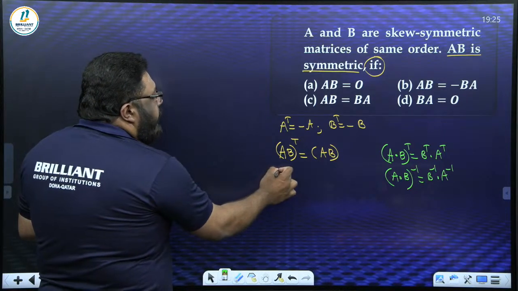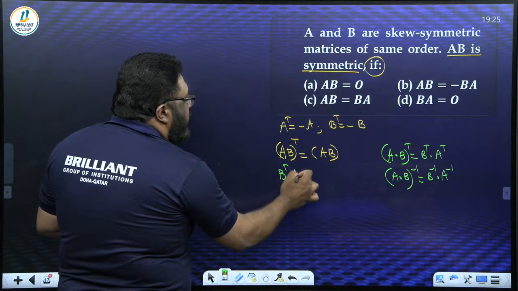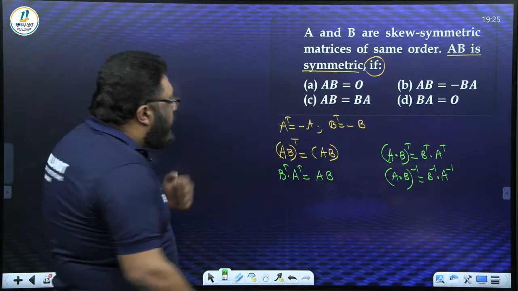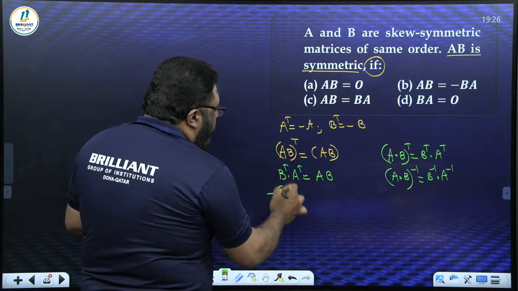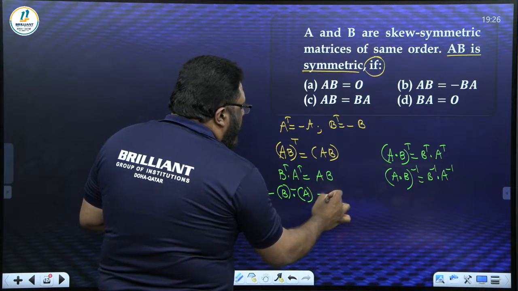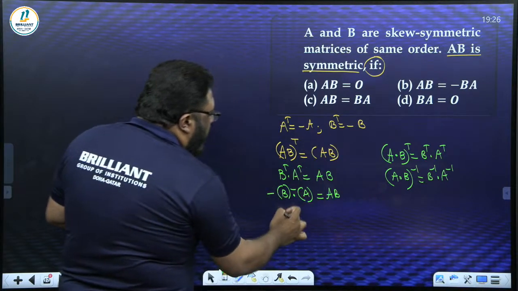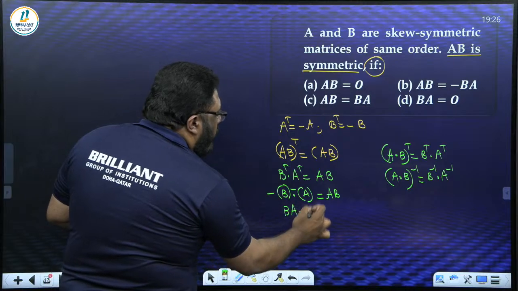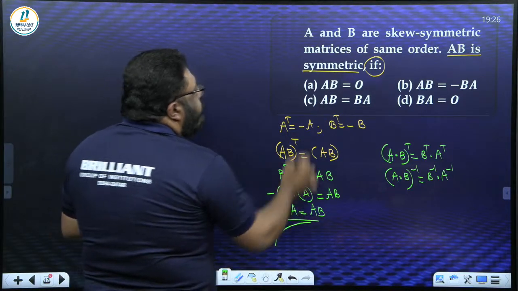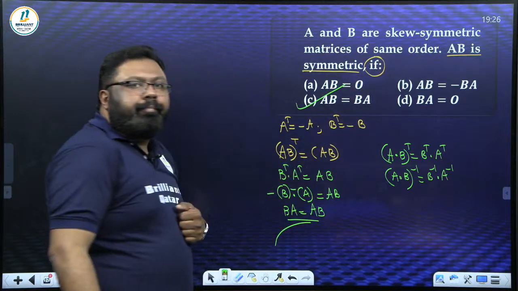So AB transpose, apply it: B transpose, A transpose, equals AB. Now B transpose is minus B, A transpose is minus A. And minus B minus A is BA equals AB. BA equals AB. Option C.